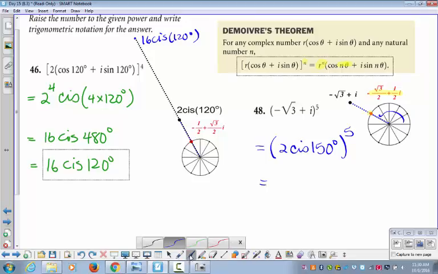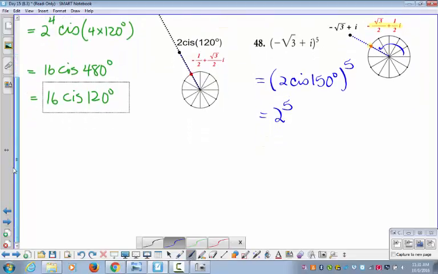2 times the unit circle number is giving us our base here, negative root 3 plus i. Now we raise it to the 5th, so De Moivre's theorem says raise the radius to the 5th and multiply the angle by 5. So 2 to the 5th, what's that, 128? 2 times 2 is 4, 4 times 4 is 16.